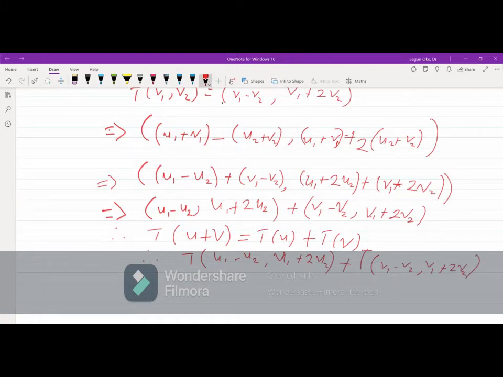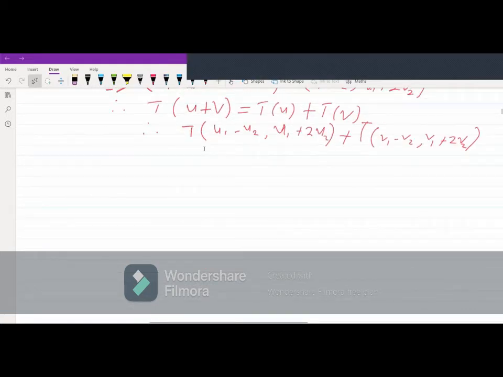So this, that is the addition. Then the one of scalar, you have to do this one of scalar too.